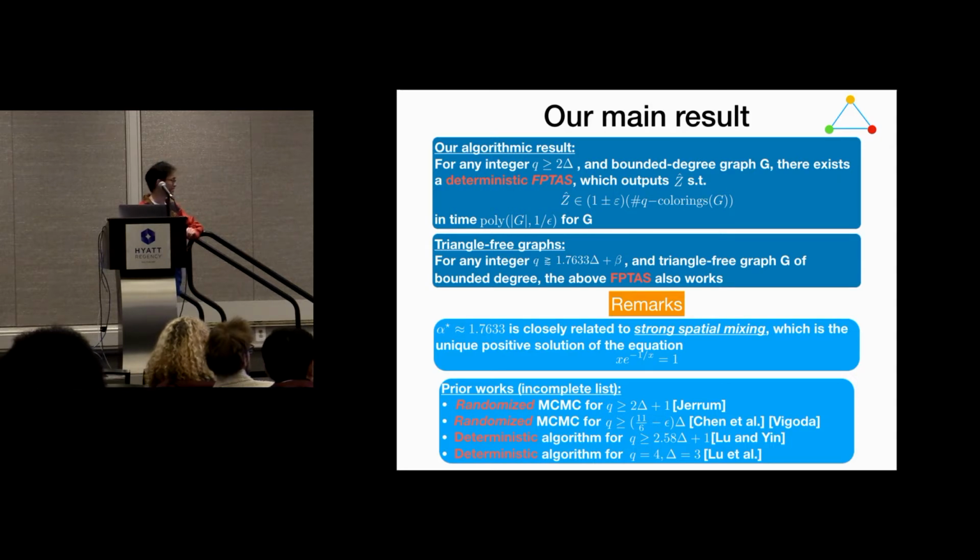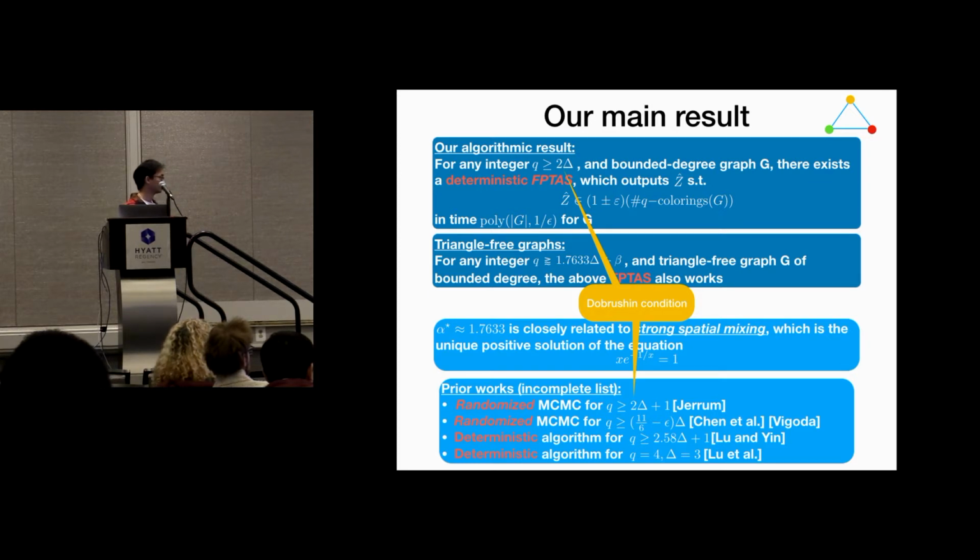Also, an incomplete list of prior works. For randomized algorithms, we know a slightly better result for this problem. This started in an early work of Jerrum. By a one-step coupling analysis of the Glauber dynamics, he showed that 2 delta plus 1 suffices. And actually, this 2 corresponds to something known as the uniqueness condition for this problem.